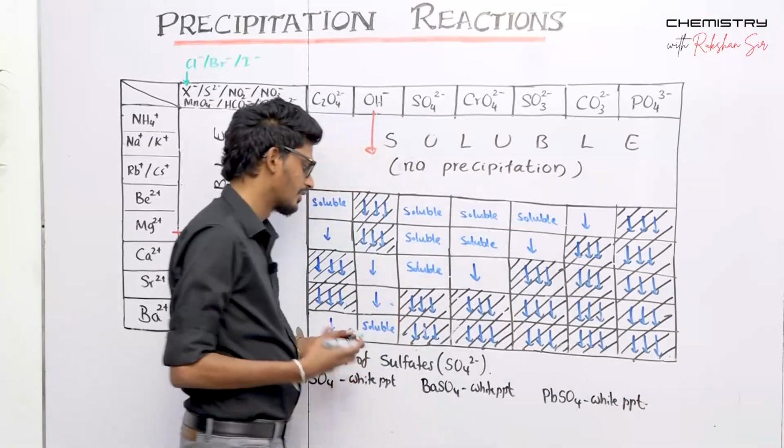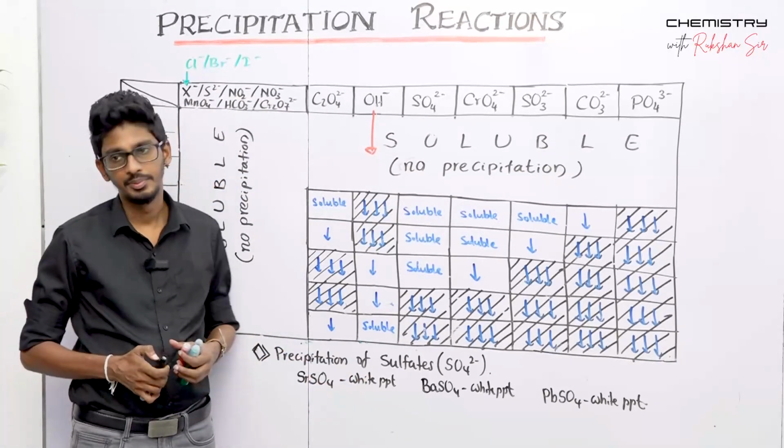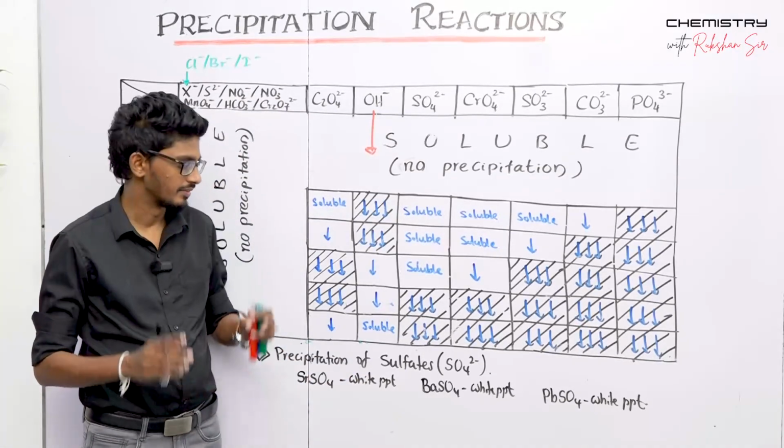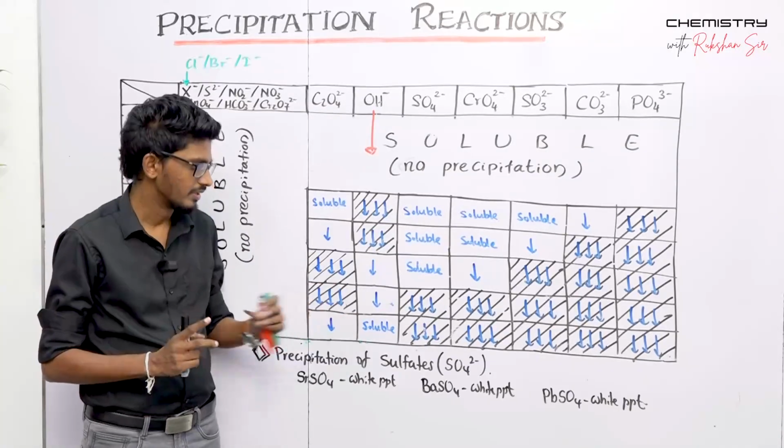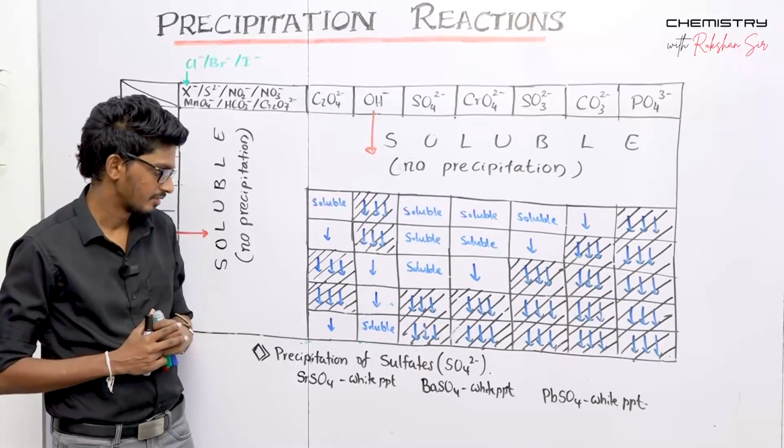As sulfates, only these three are available as precipitates in our A-level syllabus.